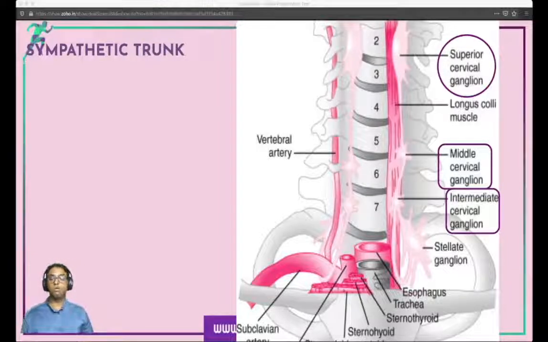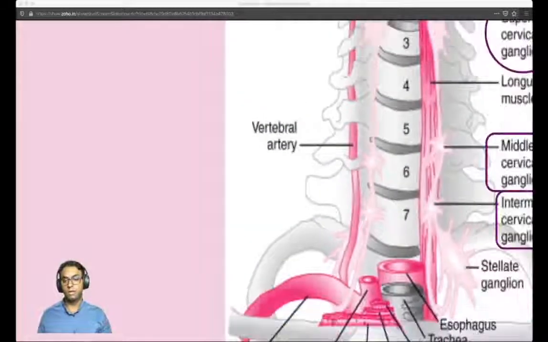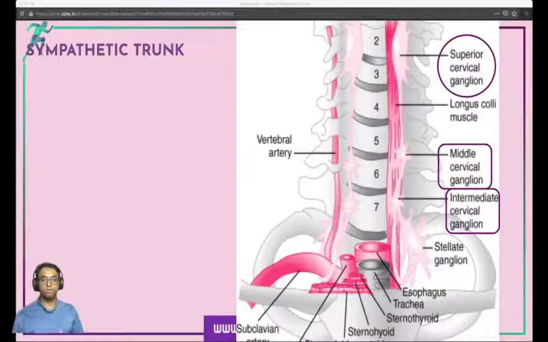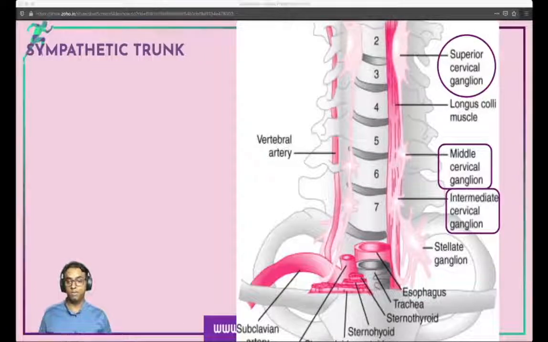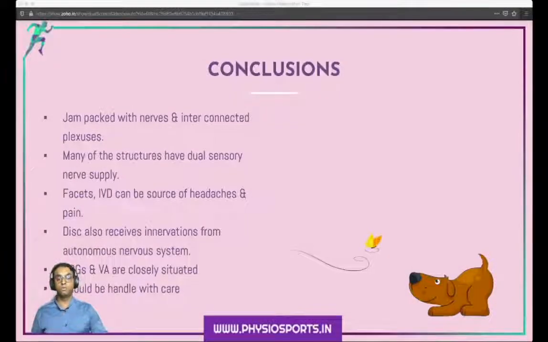The inferior ganglion unites with the first thoracic ganglion to form the cervicothoracic or stellate ganglion, which lies inferior to the transverse process of C7. So we now move towards the end of the presentation, and these are the conclusions.